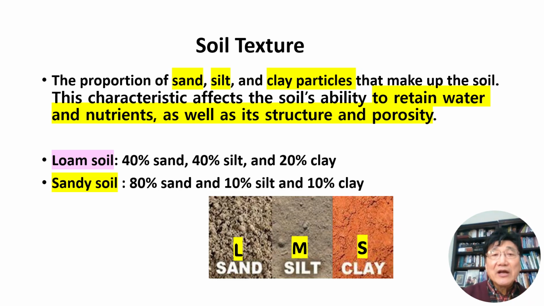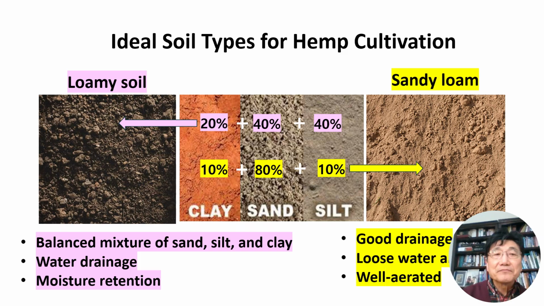Soil texture refers to the proportion of sand, silt, and clay particles contained in soil. The most ideal soils for growing hemp are loam and sandy loam. Loamy soil is the best soil type suitable for hemp or cannabis cultivation.